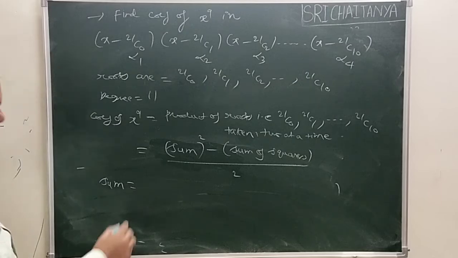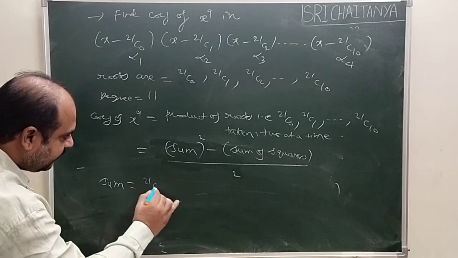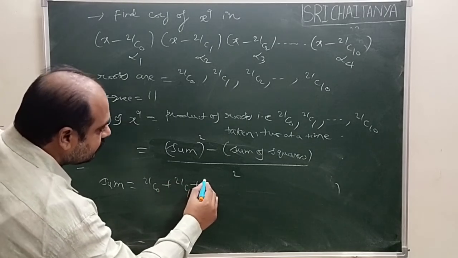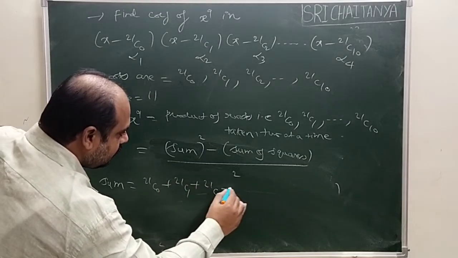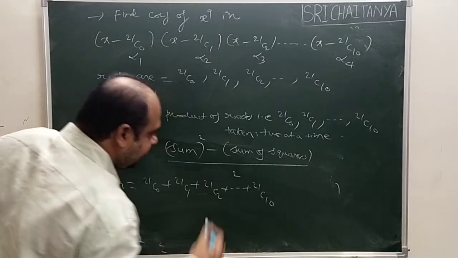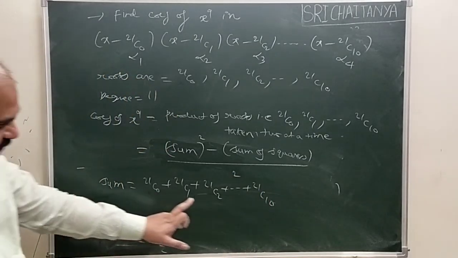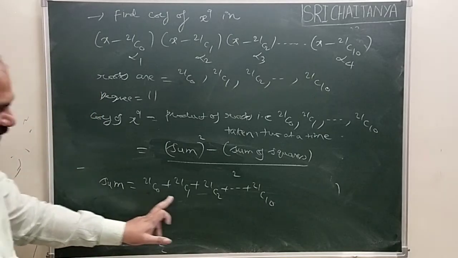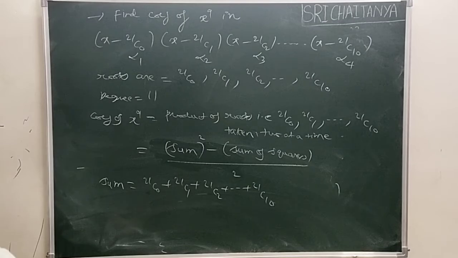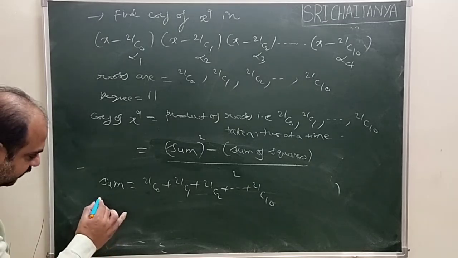What do you want? The sum is 21C0 up to 21C10 only. That you have to observe, till 10 only. This is half the sum, not 2 power 21. I told you how to calculate.